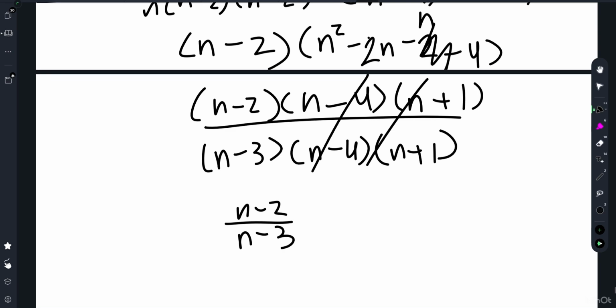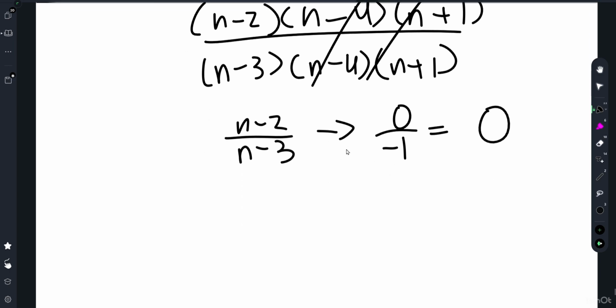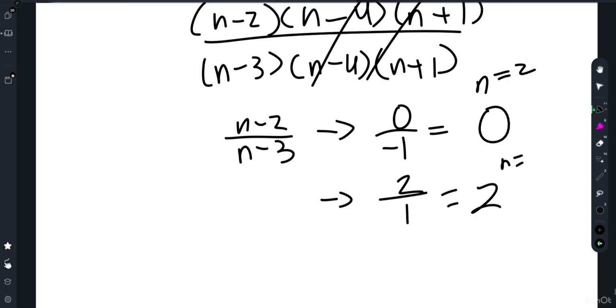Well, if we take n is 2, then 2 minus 2 is 0, and 2 minus 3 is negative 1. So it's equal to 0, and 0 is an integer. Another case that would work would be if n is equal to 4, then the top is 2 and the bottom is 1, and this is equal to 2. Now, this is the case that n equals 2, and this is the case that n equals 4.